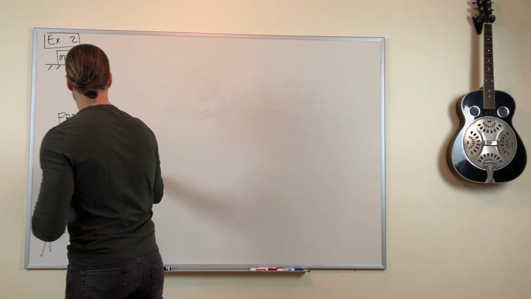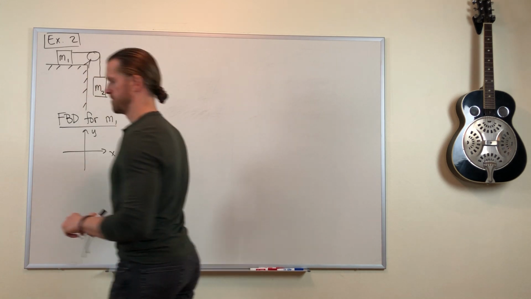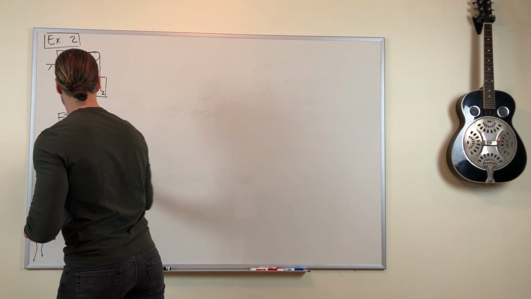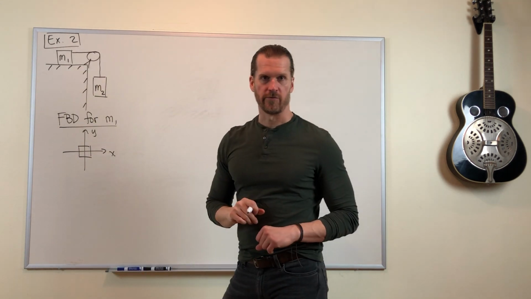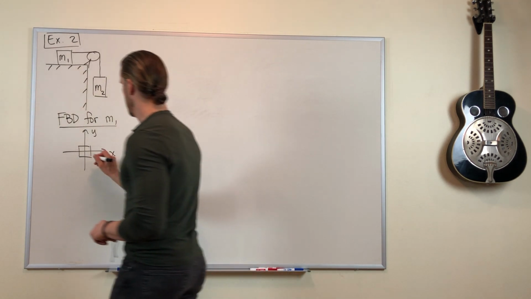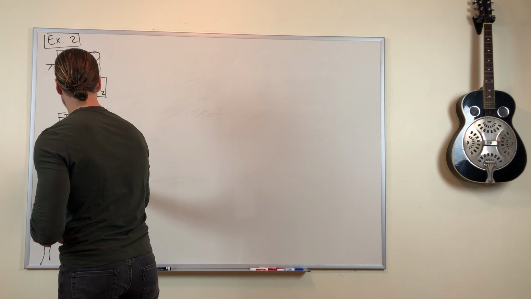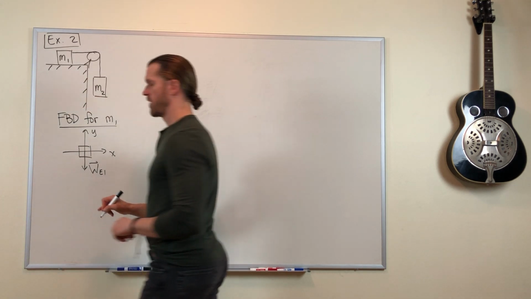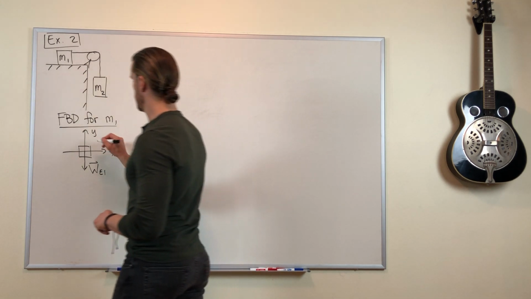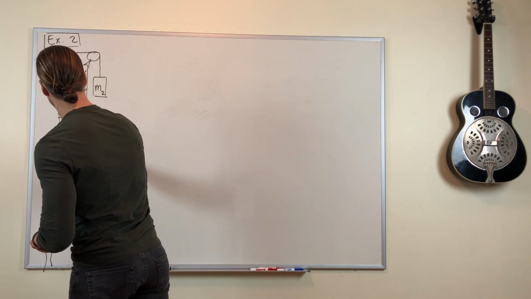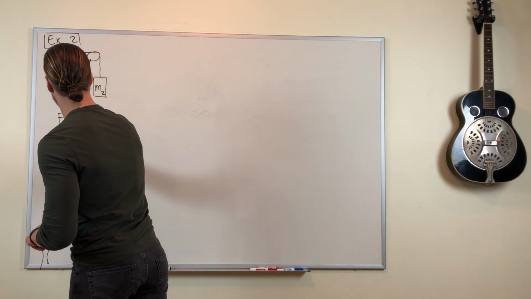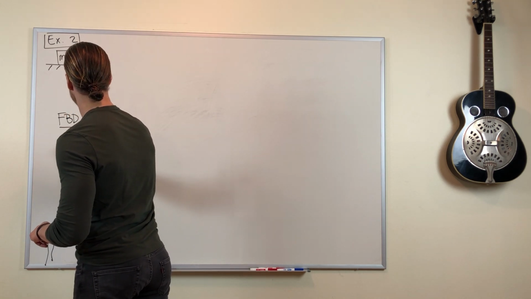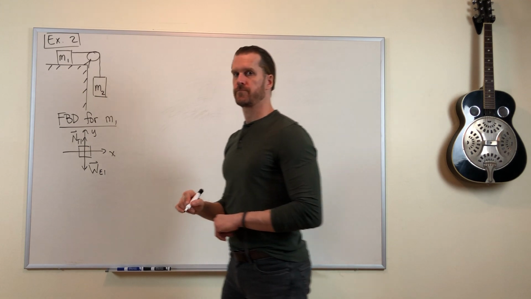Horizontal, vertical coordinate system. Place mass 1 in the center. There's several forces happening here. Gravity, of course, is pulling down. There's a gravity force, the Earth on mass 1. There is a normal force of the, I guess we'll call it a table on mass 1.